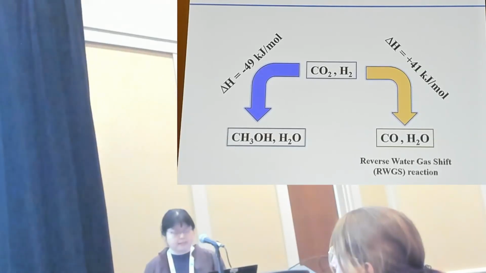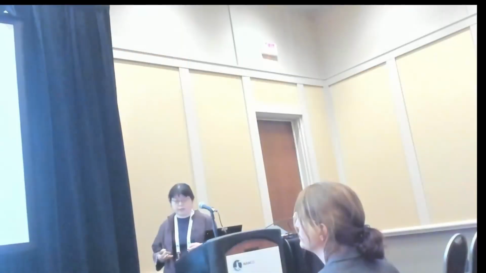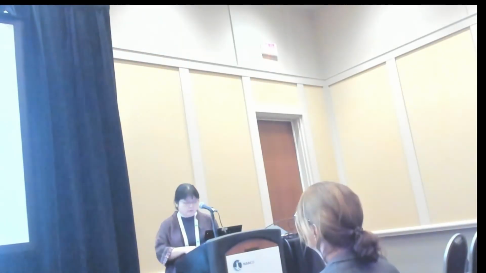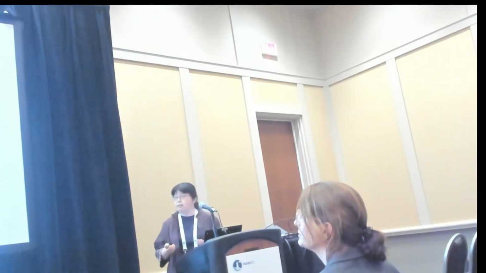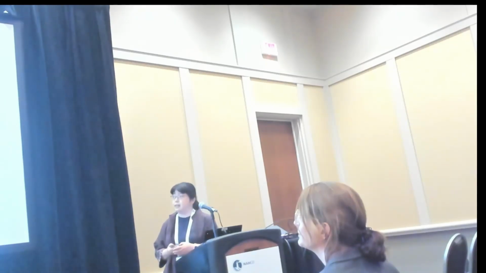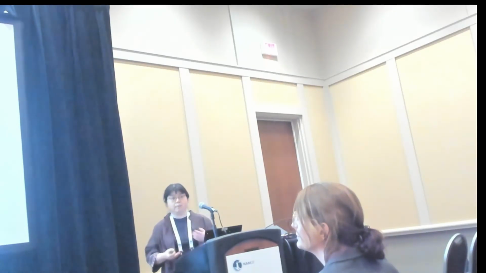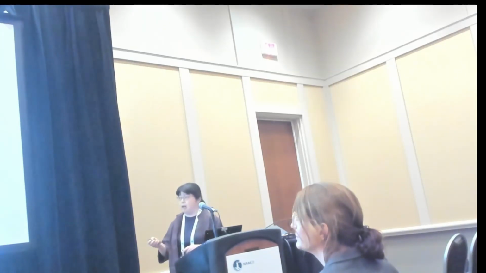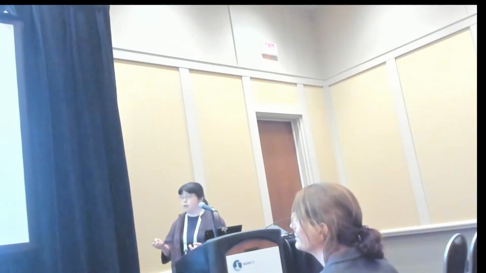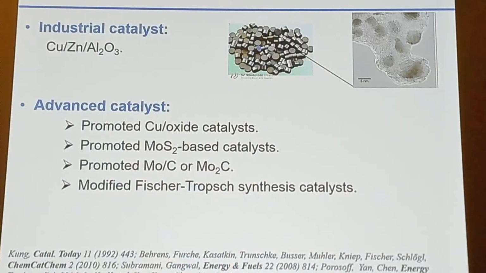So, as I said, the catalyst is important. If you look at the literature, as mentioned previously, there is an industrial catalyst based on copper, zinc, and aluminum oxides. There are also a lot of efforts trying to get the best catalyst, whether it's copper oxide catalysts, polysulfide-based, polycarbide-based, or modified Fischer-Tropsch synthesis catalysts.